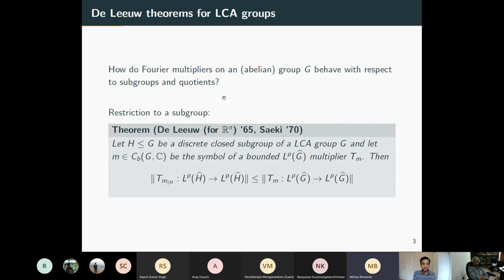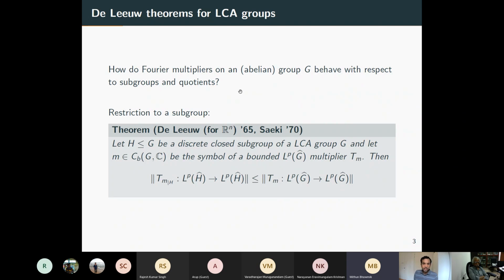So this is the content of the so-called de Leeuw theorem, which he proved in 1965, and then I think Saeki generalized it to all locally compact abelian groups later, which just says that if you have a discrete closed subgroup of a locally compact group, and if you have a function which is the symbol of a bounded LP multiplier, then the restriction of this symbol defines a bounded LP Fourier multiplier on the appropriate space, and its norm is in fact bounded above by the norm of Tm.